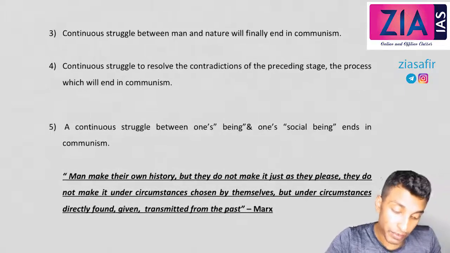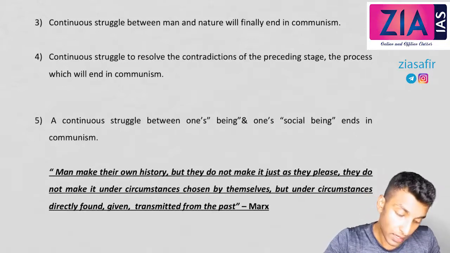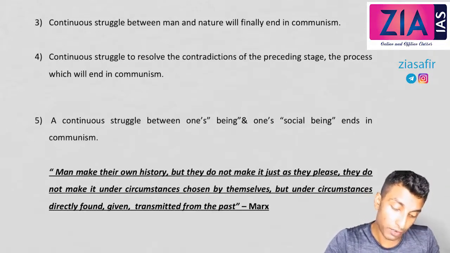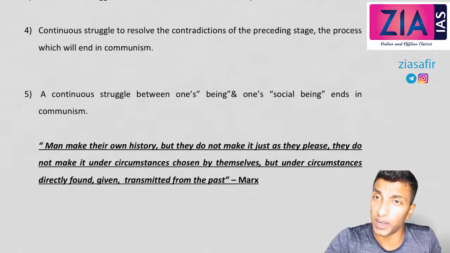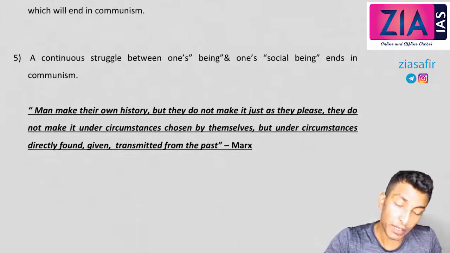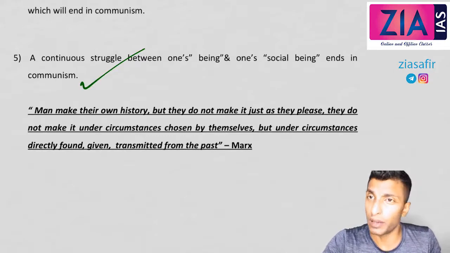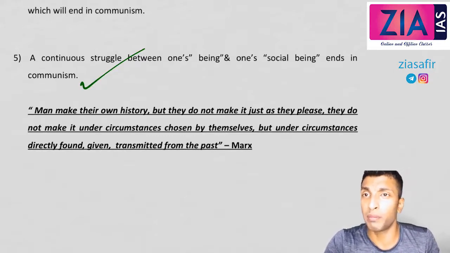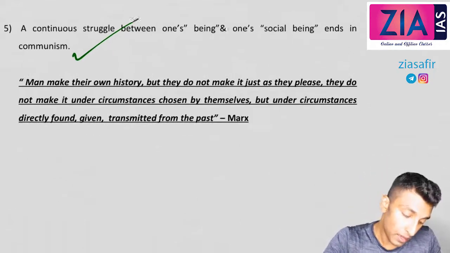Then continuous struggle between man and nature will finally end in communism. Continuous struggle to resolve the contradictions of preceding stage, the process will end in communism, because there won't be any contradictions in communist society according to Marx. A continuous struggle between one's being and social being will end in communism. Okay, because in communism everybody will be being, there is no social being, as everybody is equal, there is no differences.